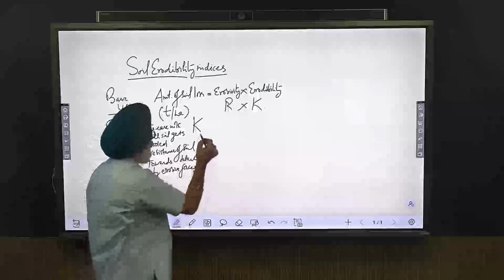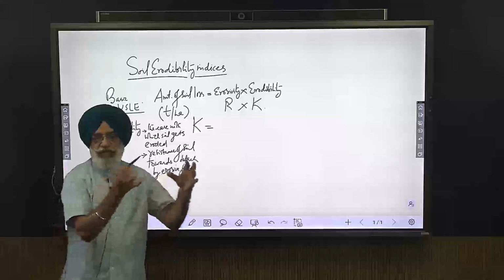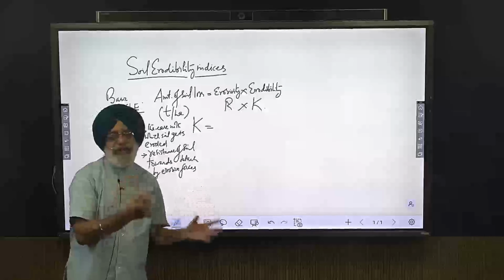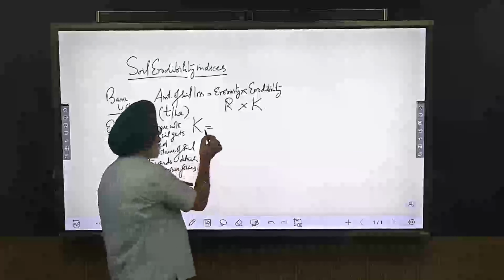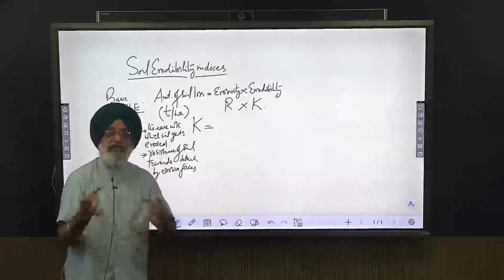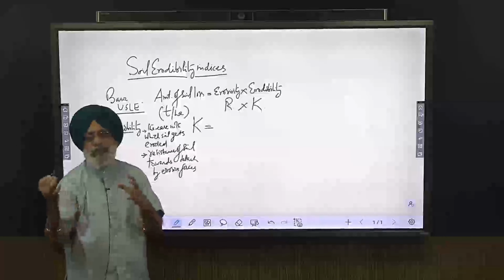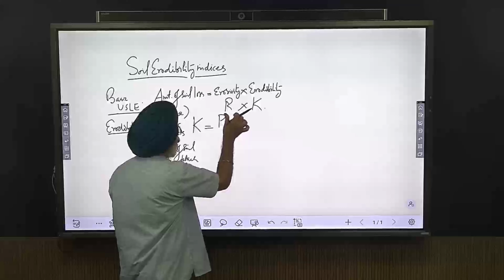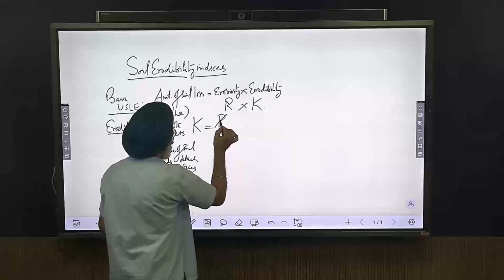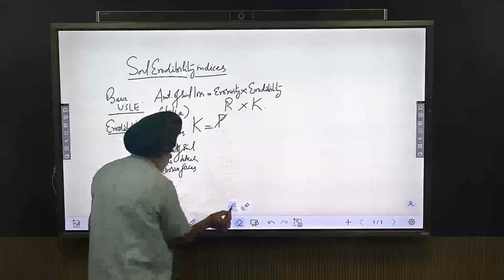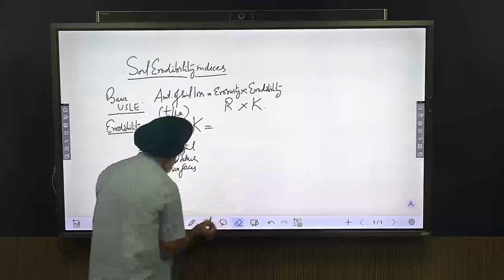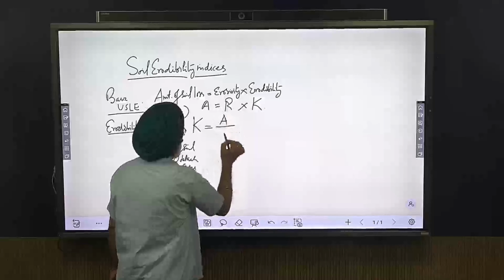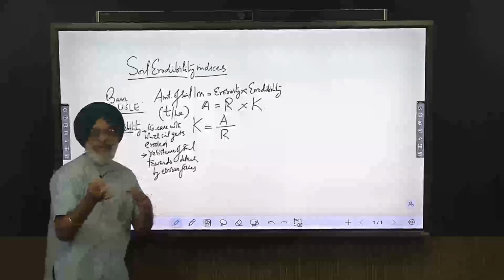So, if we have to find out the erodibility of a particular soil, because in one of our topics we have already discussed what are the parameters of the soil which determine the erodibility of the soil, now if you have to calculate the erodibility of the soil, whether your soil is erodible, less erodible, moderately erodible or more erodible, then you have to know the amount of soil loss divided by R. So, now we have a new definition of erodibility.